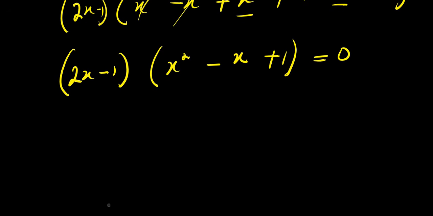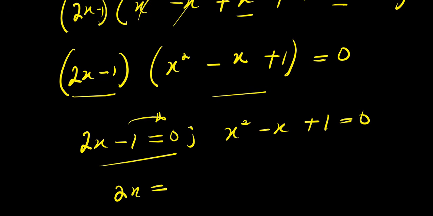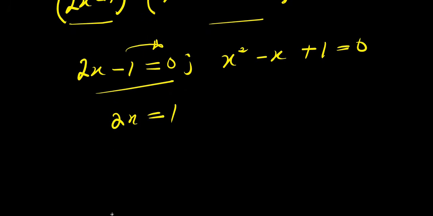So right now, you can equate each of these to 0. You have 2x − 1 = 0 and x^2 − x + 1 = 0. Moving this over, we have 2x = 1. From here, we isolate x. That means x is 1/2. This is my x3.